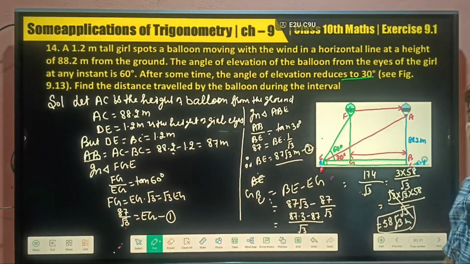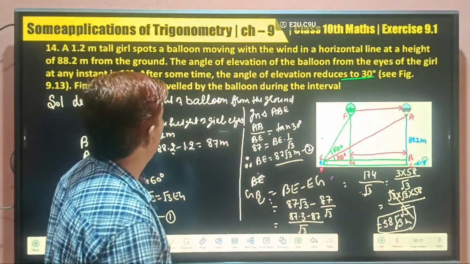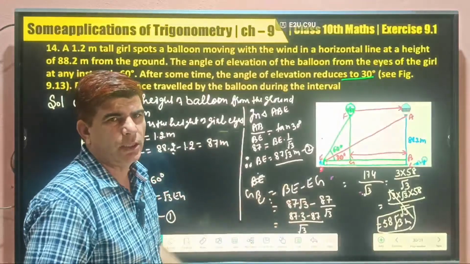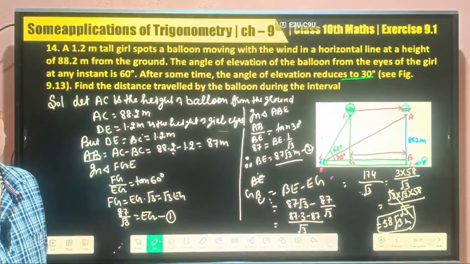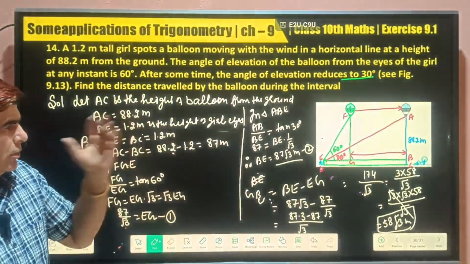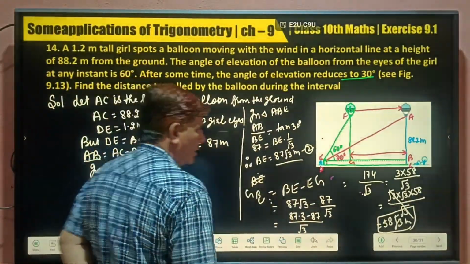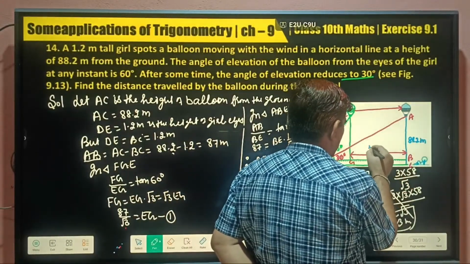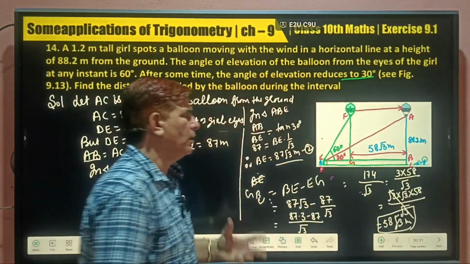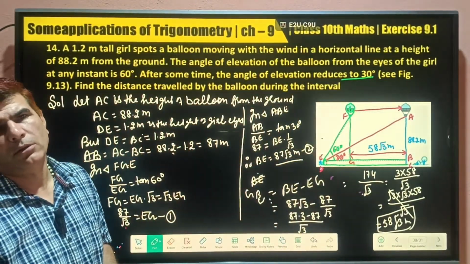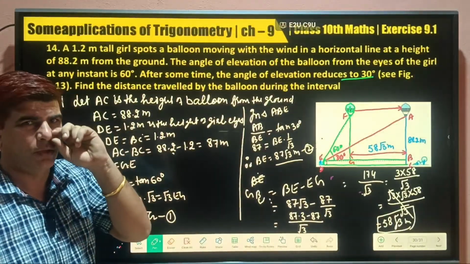So how much distance is covered by that balloon? 58 root 3. If the value of root 3 is given, then you can put it in and solve it. Actually, what's the value of root 3? 1.732 approximately. So the balloon covered this distance, 58 root 3 meters, when the angle of elevation reduced from 60 degrees to 30 degrees in the eyes of that girl.